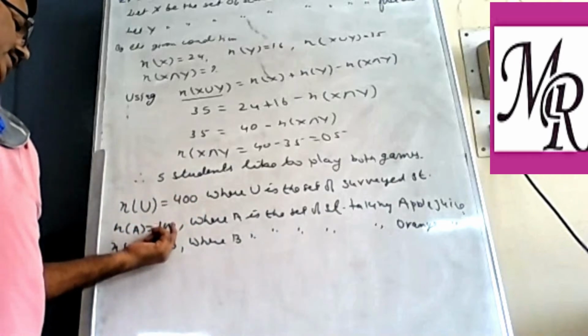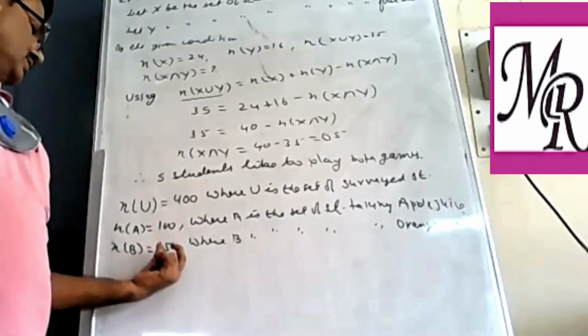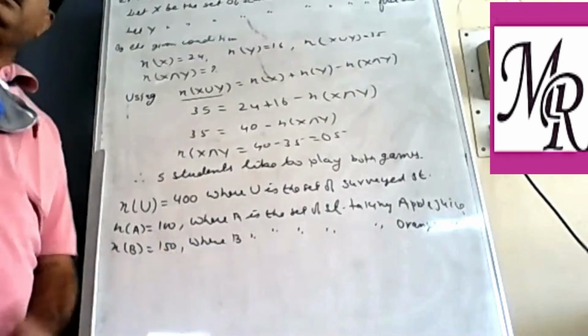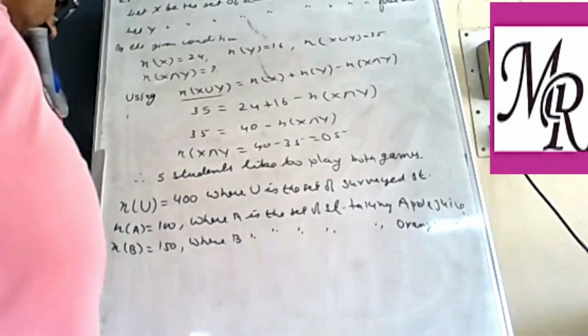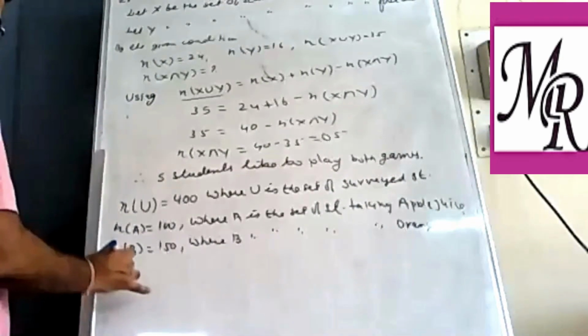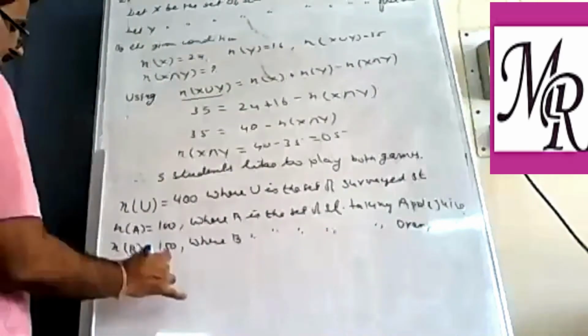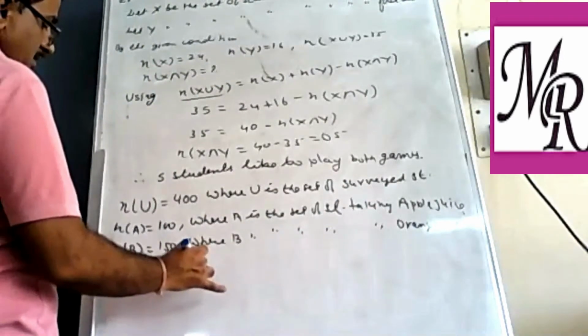Out of 400, 100 are taking apple juice and 150 are taking orange juice. Also 75 were listed as taking both apple and orange, so number of elements in the intersection is 75. Clear?